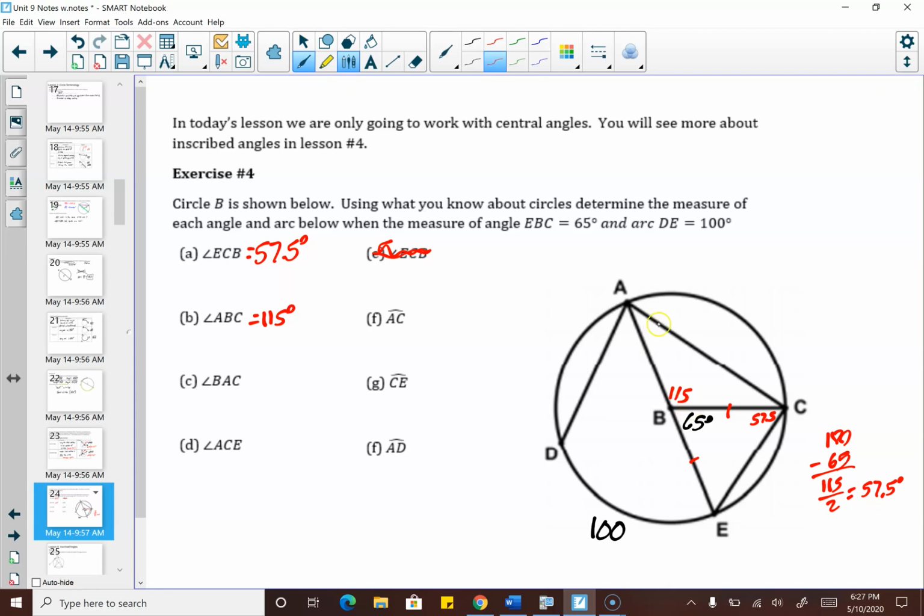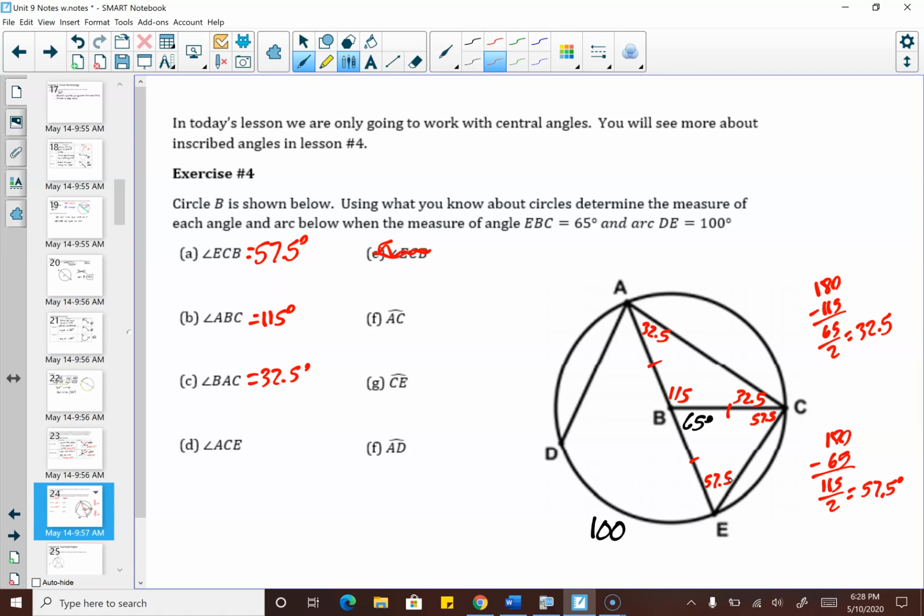Angle BAC. We can use the same isosceles triangle rules, except now it's 180 minus 115, which is 65. Divide that 65 by 2 and we get 32.5. So angle BAC is 32.5 degrees. Since you know these are isosceles, you can just fill in the other base angles as well.